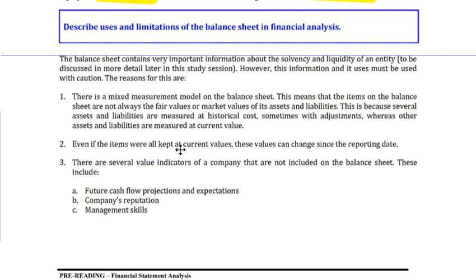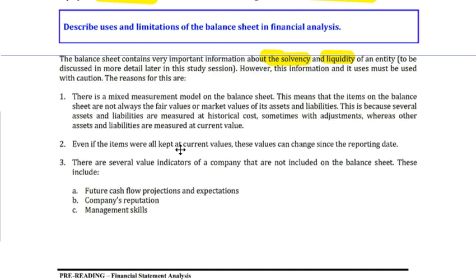Longer term measures solvency, in other words, the longer term ability to survive as a business. Liquidity is more in the short term. So for liquidity, we look more at current assets and current liabilities. For solvency, we look more towards non-current assets and liabilities.